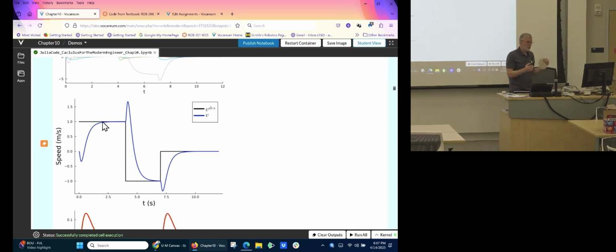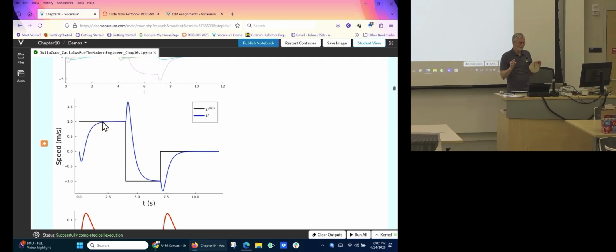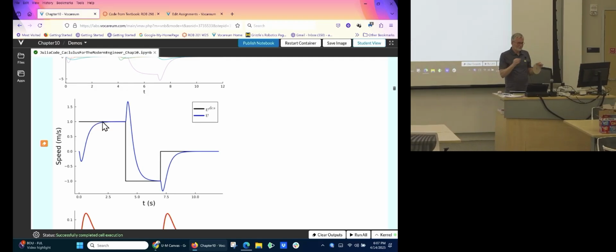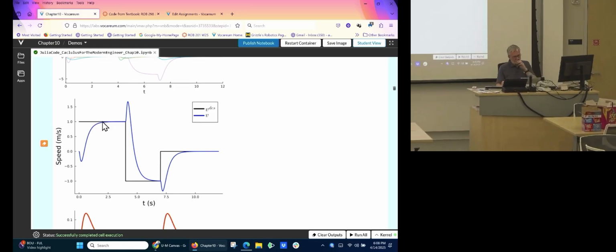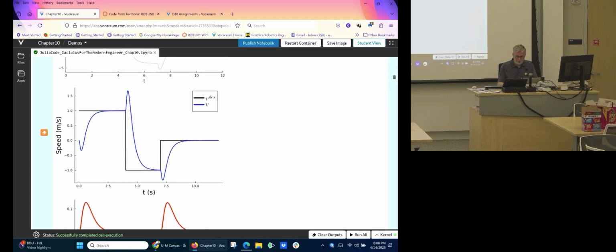So this is not wrong. It has to go backwards. It's physics. And it all comes out of the math, okay? And once again, when you take EECS 460 or ME 461, and I forget the aerospace control number, or ROB 315, which is coming online soon, you'll understand this better.